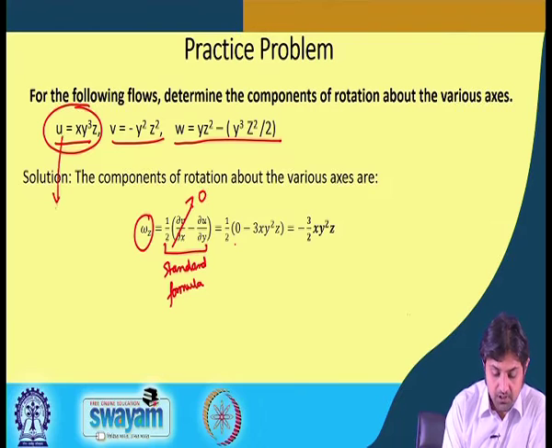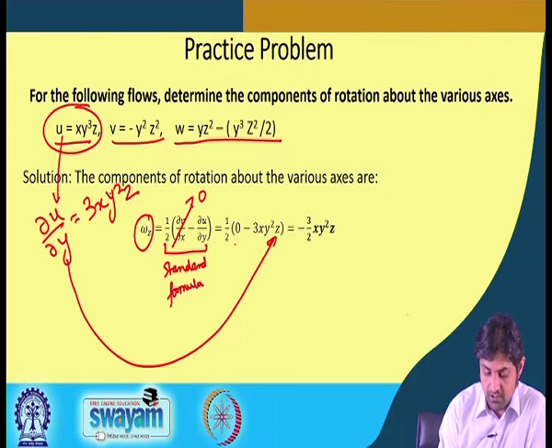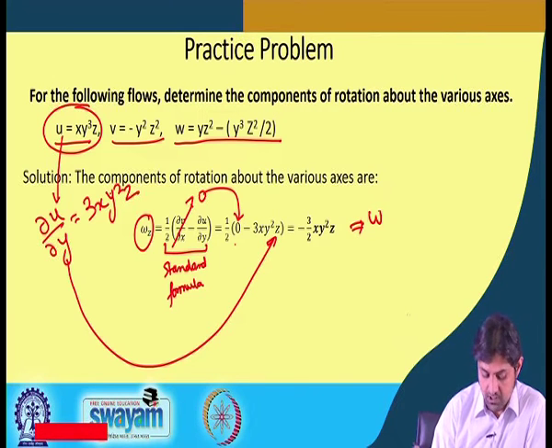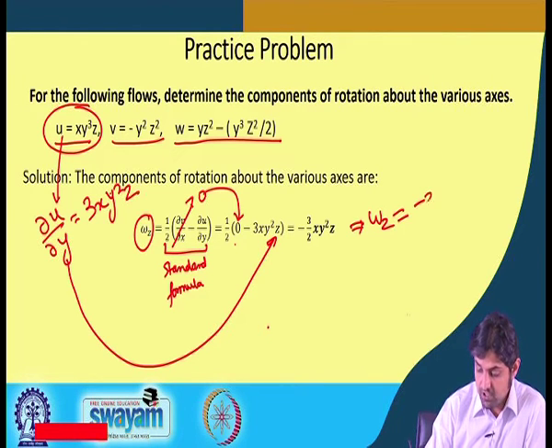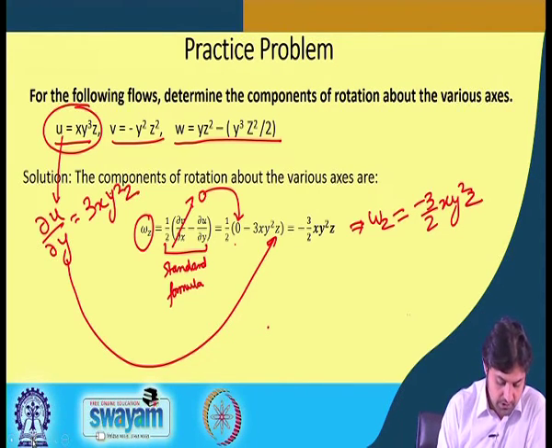So from here del u by del y is going to be 3x y square z, and this has been written here, and this 0 has been written here. Okay. So therefore, omega z is written as minus 3 by 2 x y square z. Okay, this is one of the components.